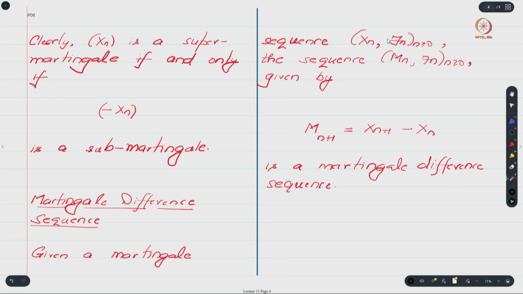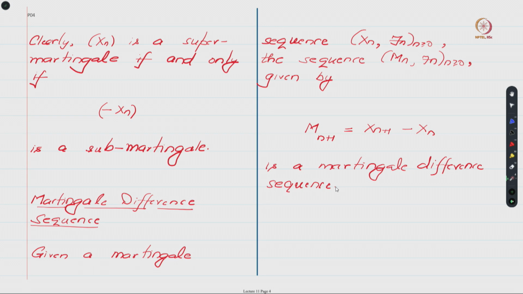So, Fn is the filtration and xn is your stochastic process. So, given a Martingale sequence xn comma Fn, the sequence Mn comma Fn given by Mn plus 1 equals xn plus 1 minus xn, this process is what is referred to as the Martingale difference sequence.